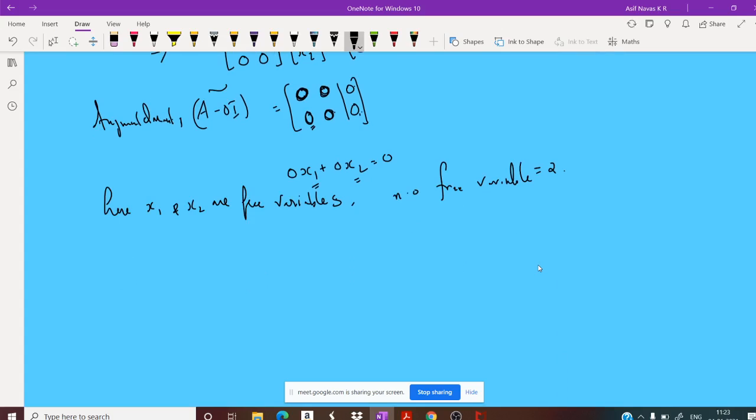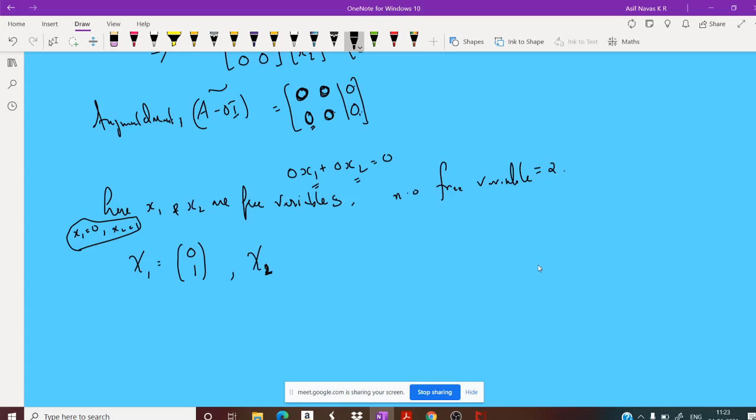So what I will do is put x1 equal to 0 and x2 equal to 1. I will get an eigenvector because x1 and x2 are free variables; we can choose any values. So 0, 1 is an eigenvector for eigenvalue 0. Now I find the second eigenvector.